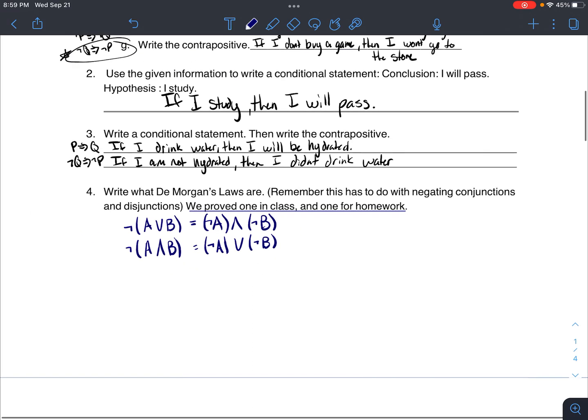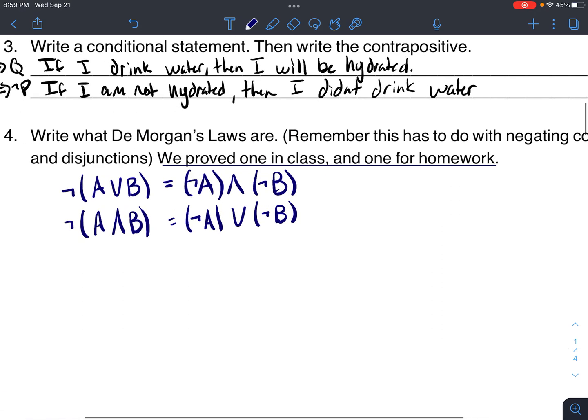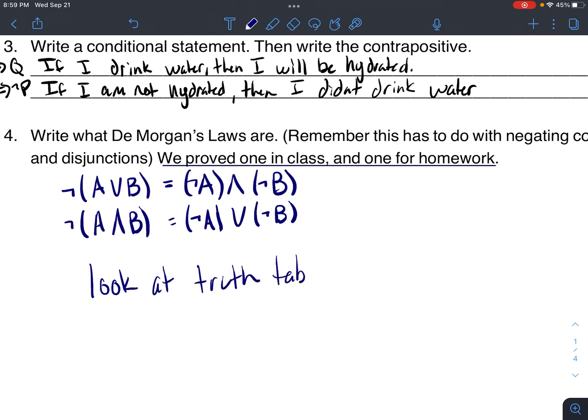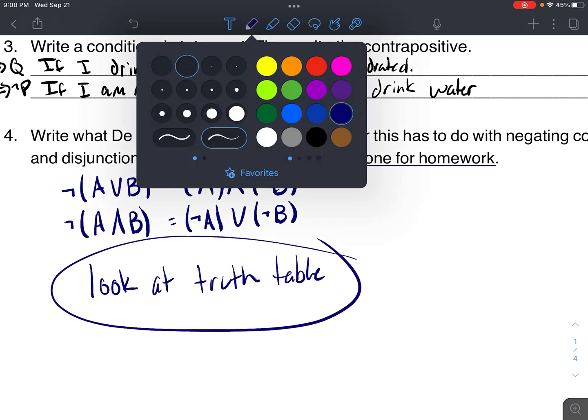We'll see. Just a little hint for something that might come. That's really it for this. I would go back and look at the truth table. So why don't you just look at the truth table, refresh yourself on how we set that up.